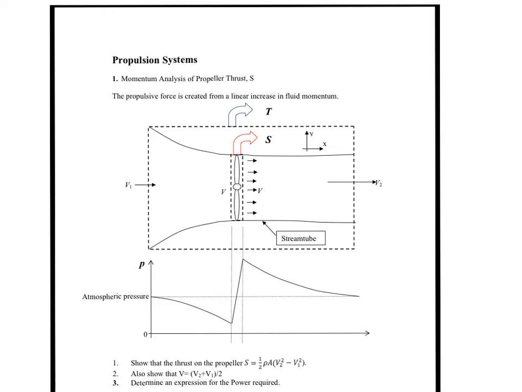Now it's important to realize that if we look at the pressure versus the distance along the streamline, we'll notice something very interesting. Very far away from the propeller, the streamlines indicate that the pressure is atmospheric.